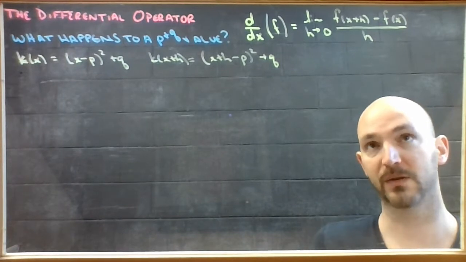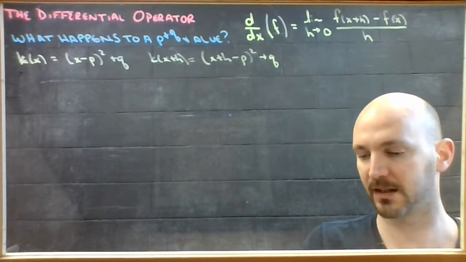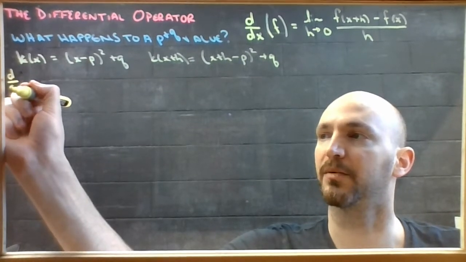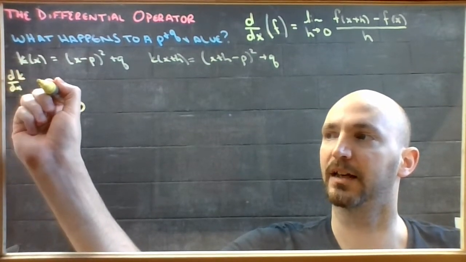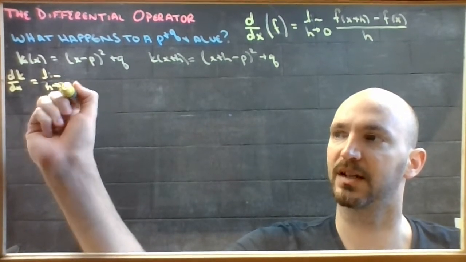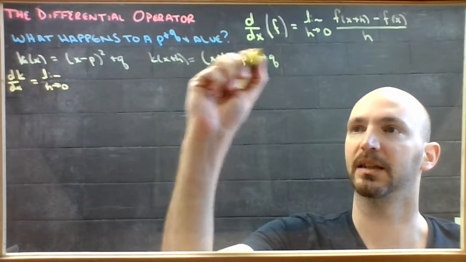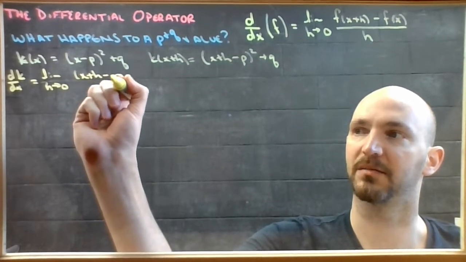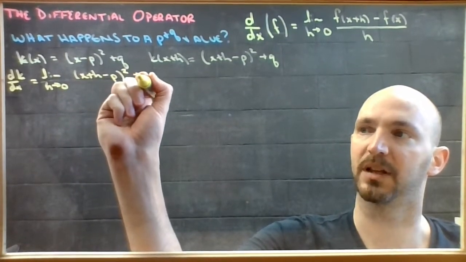So in it goes into my instantaneous rate of change equation. The differential operator acting on k would be the limit as h goes to 0 of this thing, x plus h minus p squared plus q.